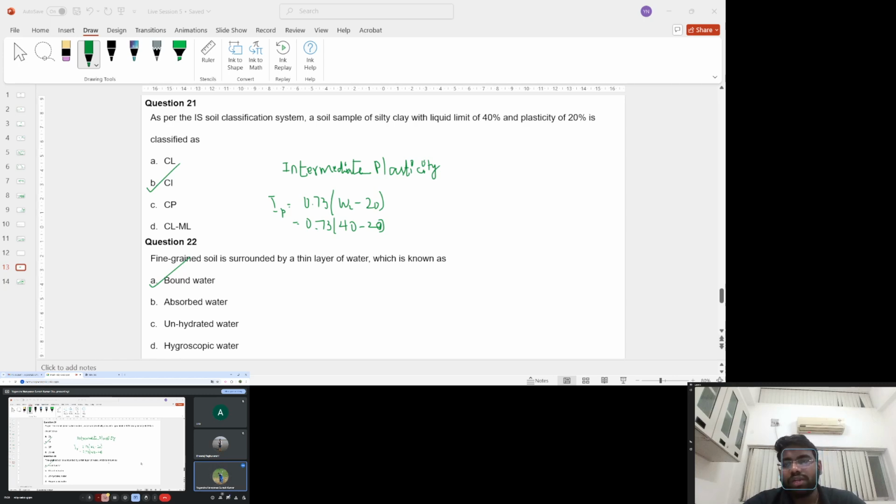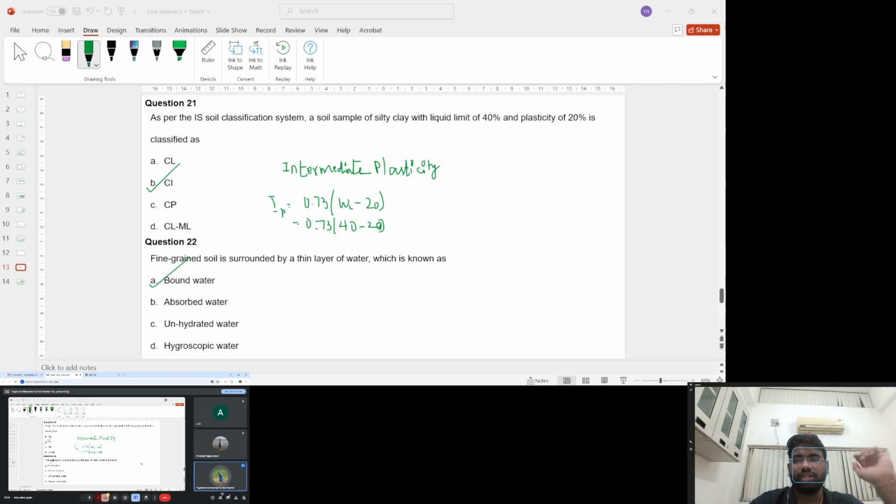So that is the entire soil, the nature of the soil as a matrix itself. Bound water is also a bulk property, but its major role is played by the single grain. See, even for sands, you have some hygroscopic moisture content, which will be very little, and clay also has some hygroscopic moisture content.